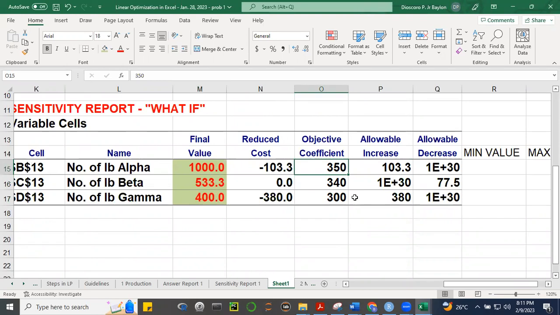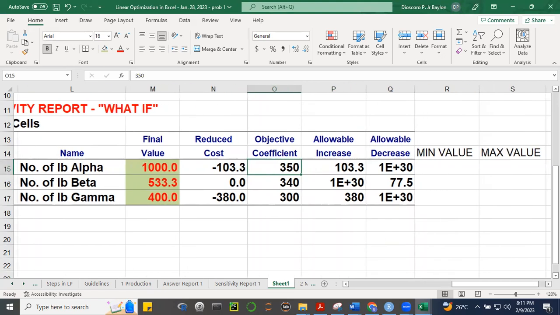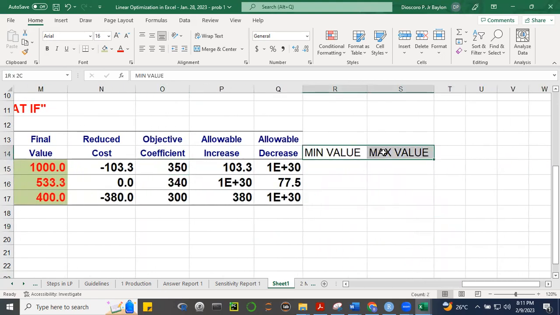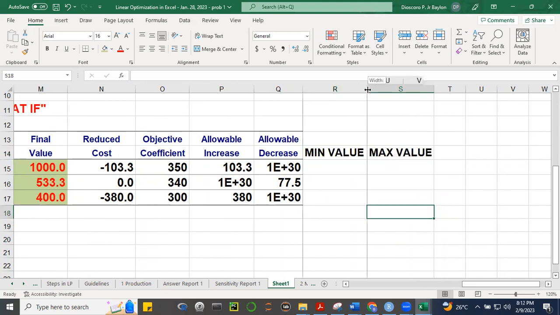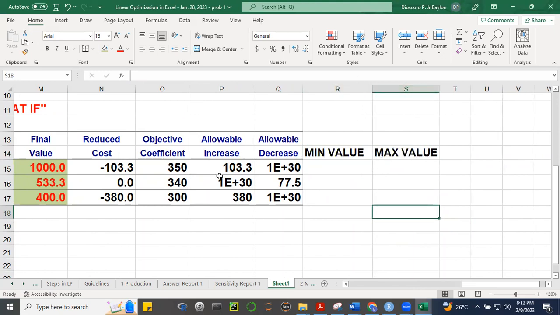Now, later on, titingnan natin yung scenario na magbabago more than one. Pwedeng dalawang pagbaguhin natin. Pero simplify muna natin, isa muna magbabago. But in order to do that, we will have to understand what the allowable increase and allowable decrease is. Okay, so we have here allowable increase and allowable decrease.